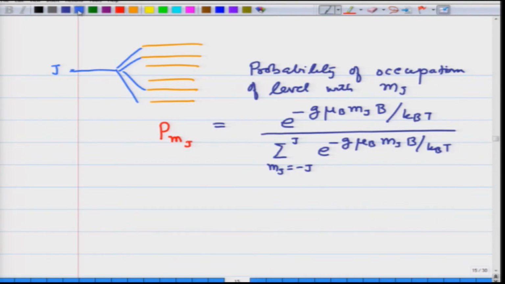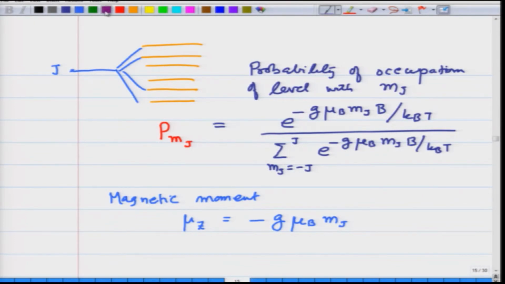Now, the magnetic moment mu in the z direction for this level is going to be minus g mu B m_j. So, if I multiply each of these magnetic moments by the corresponding probability and add it up, I am going to get the total magnetic moment.